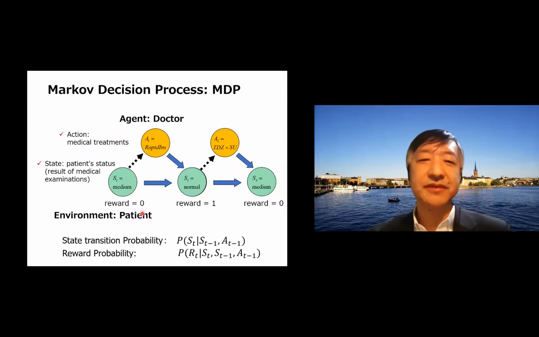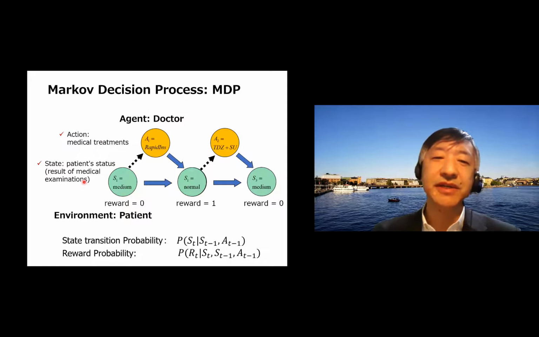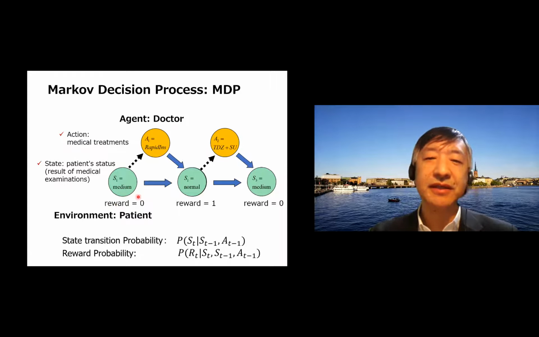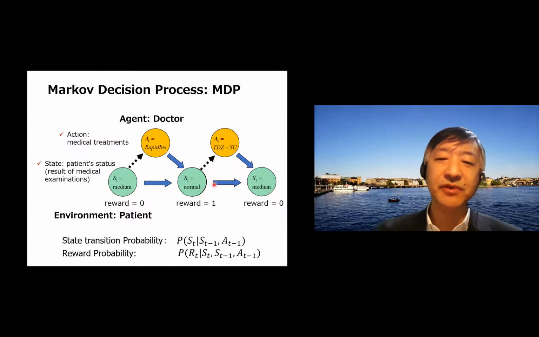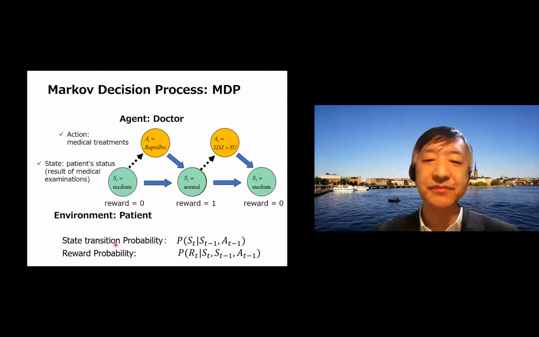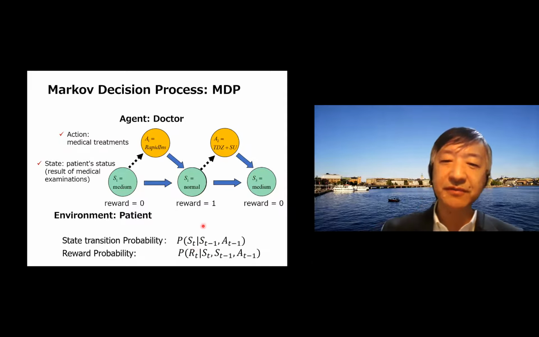This is a very simple model of doctor and patient interaction, and we can specify this model by the state transition probability. In some state, when some action is executed, this gives the probability of the next state, and also the reward probability. In some state, when some action is executed and the next state is s_t, the doctor gets some reward with some probability.